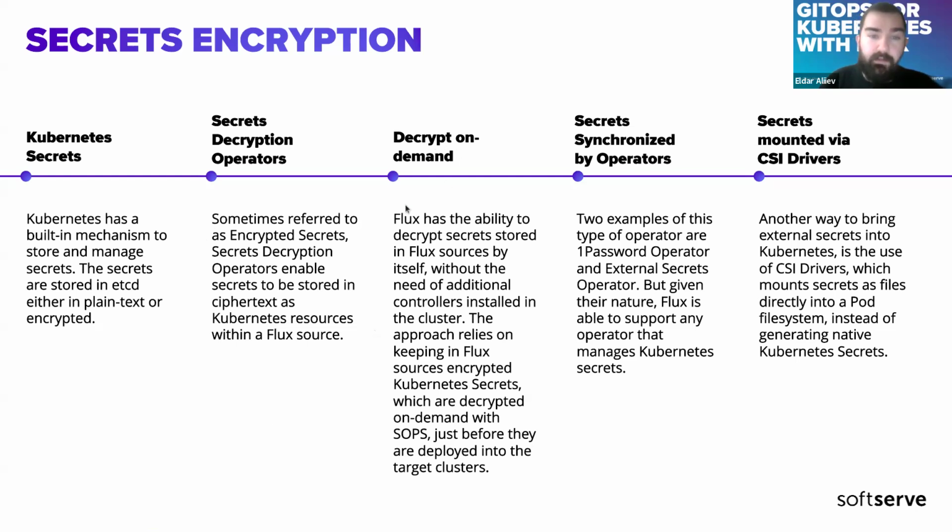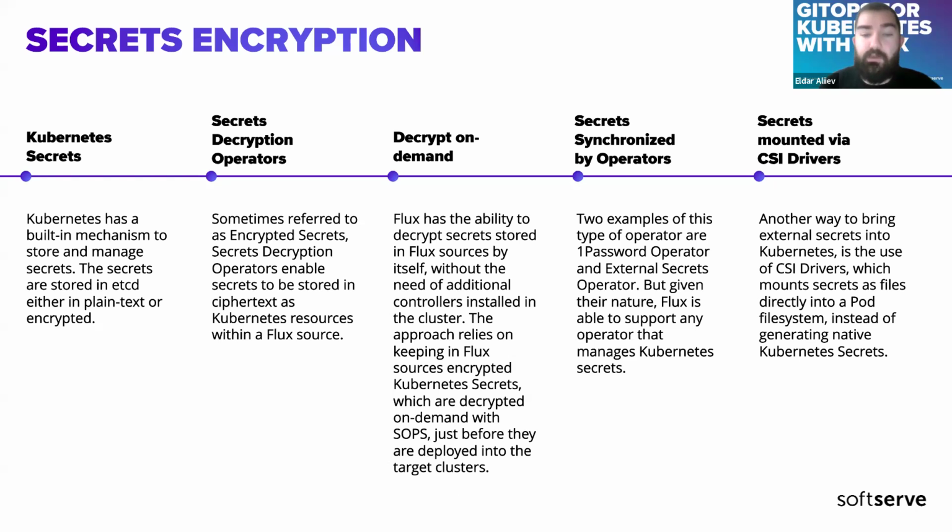Decrypt on demand. So this approach we will actually implement today to check how it works. For this, we will use the Mozilla SOPS. I think in some of the sessions that we had in the past, we used the Mozilla SOPS to encrypt the secrets in place. So we will just remind how to do that.